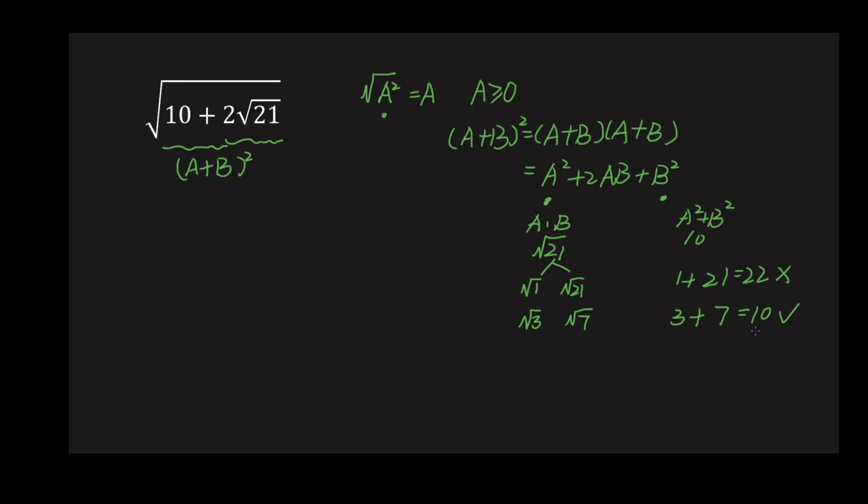And let's use it to rewrite the expression. That is, the square root of square root 3 squared plus 2 square root 3 times square root 7 plus square root 7 squared.